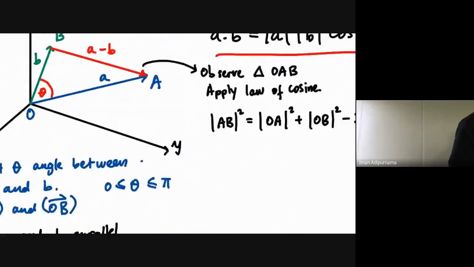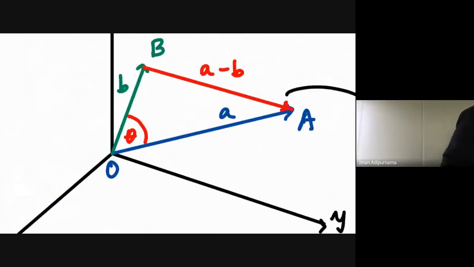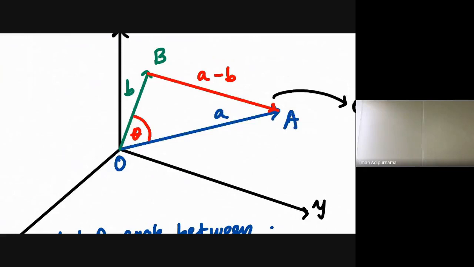Okay. So why are we writing this? Because the term we are using is the theta in front of AB, right? So if you remember the law of cosine, AB squared is equal to this squared plus OB squared minus 2 of this side magnitude and then cosine theta. Okay.